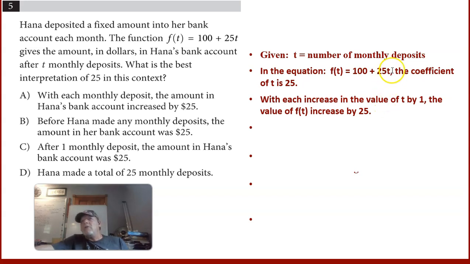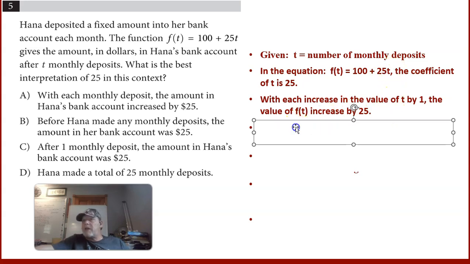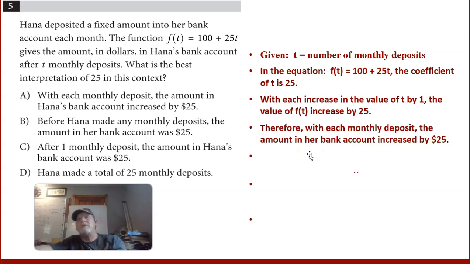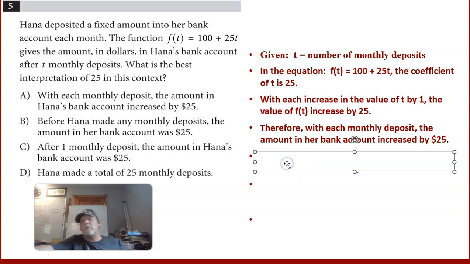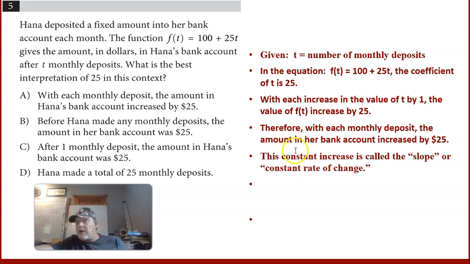If t is 3, 25 times 3 plus 100. So each time as t goes up, that's what I just said in that statement, it means that the total amount of money they have increases by 25. Therefore, with each monthly deposit, the amount in her bank account increases $25 each time.